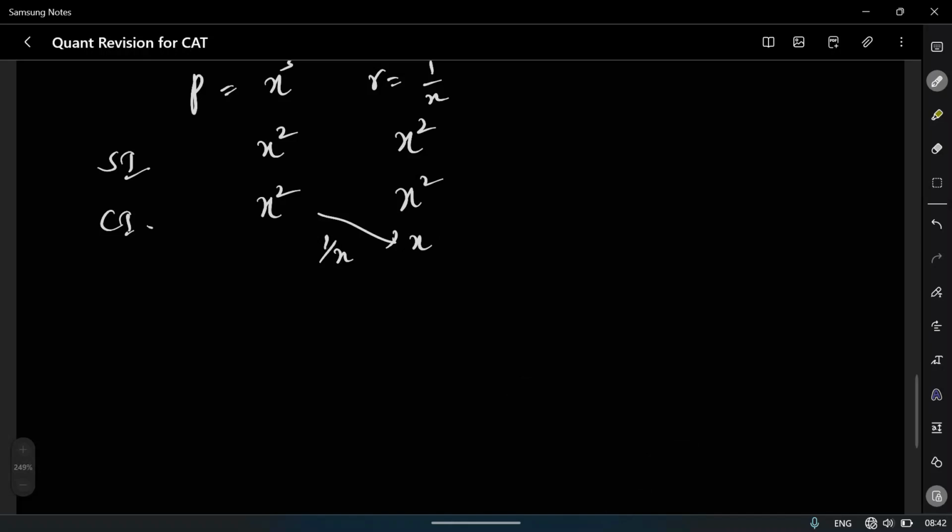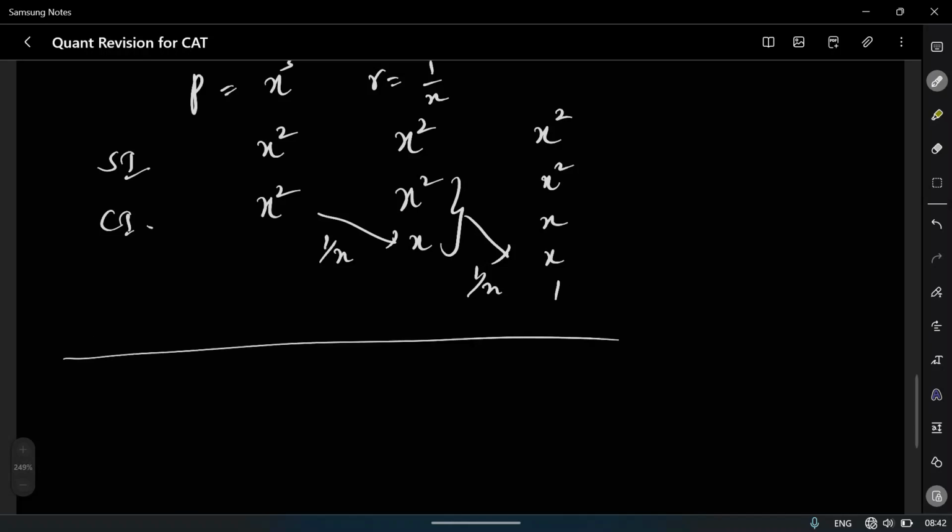So this is x, and for the third year it is x square for simple interest, but the compound interest is x square, x, and 1 by x of x square and x, which is x and 1. So compound interest for first year is x square, for second year is x square plus x, for third year is x square plus 2x plus 1.